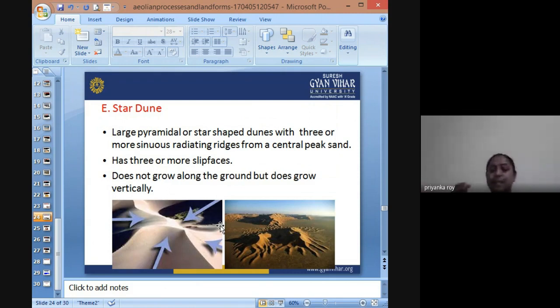It has three or more slip faces, each segment has a slip face. So these have star-like features, spreading like this.